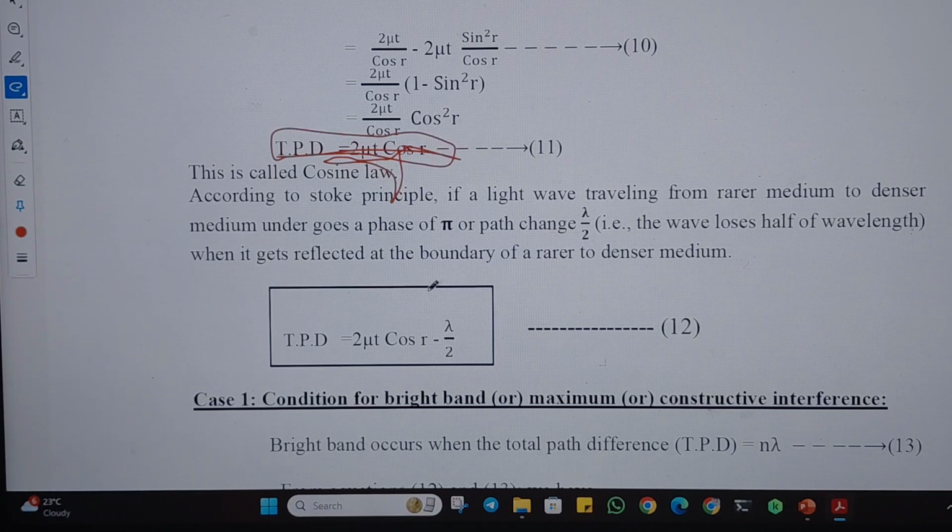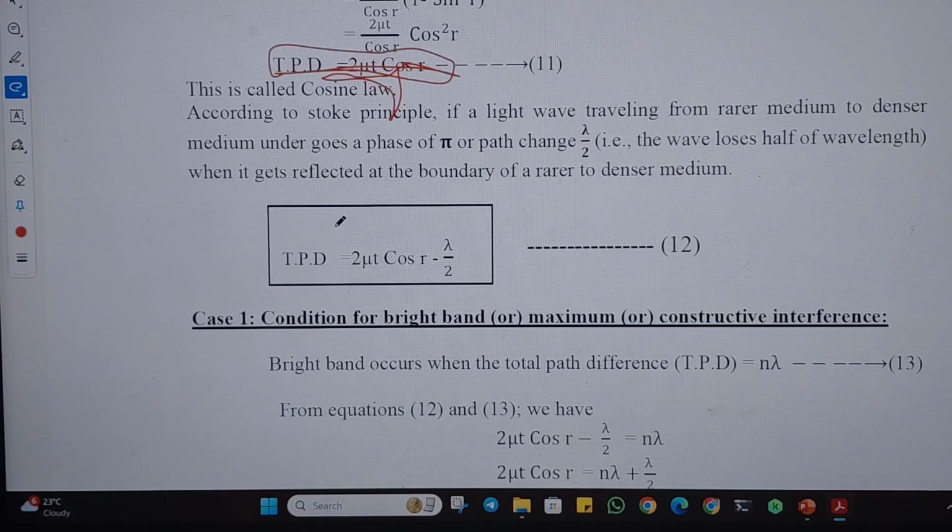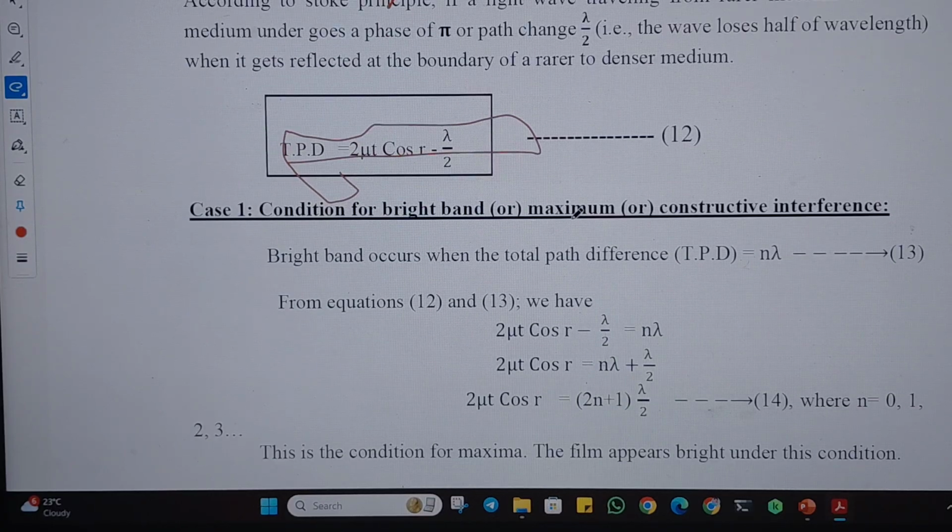What is the rarer medium and denser medium? The rarer medium is air and the denser medium is the glass plate. So the total path difference will be 2 mu t cos R minus lambda by 2, and here it will be the cosine law, and here are the cases.